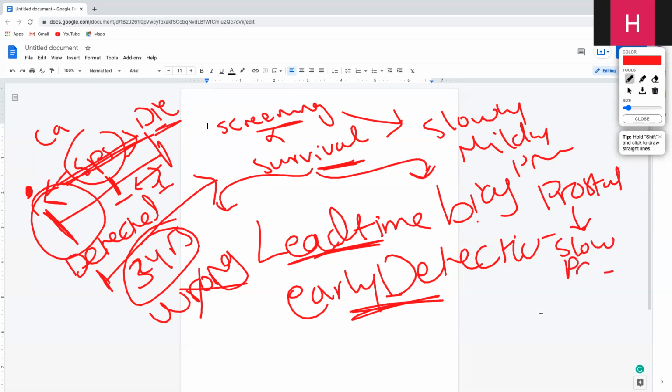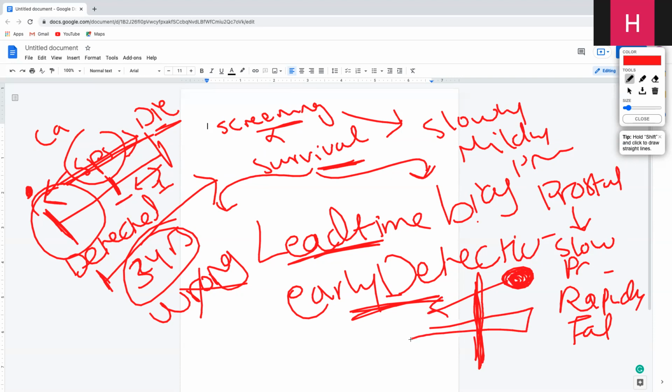So I can detect the cases. But some patients have rapidly fatal progression. So when you have a new screening test, you will just detect those who have a slow progression of the disease, like those who live longer.